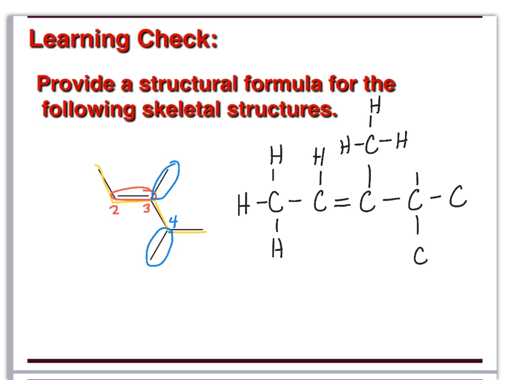This next carbon only has 3. Hold on. So it needs an H. Sorry. And then this one needs 3 H's. And this one needs 3 as well. So there is the structural formula, which again is the biggest diagram you can draw, of the bonds for that particular molecule.